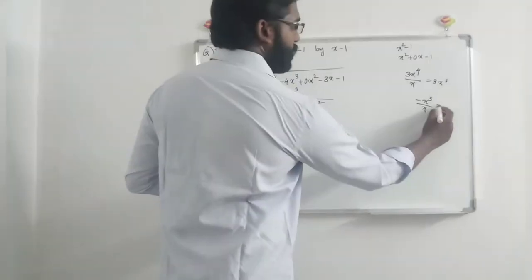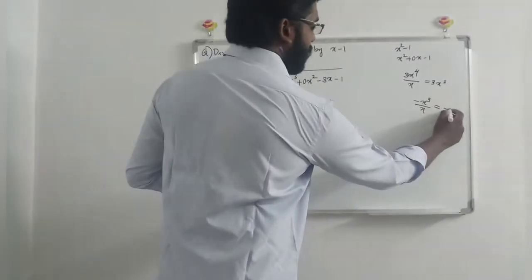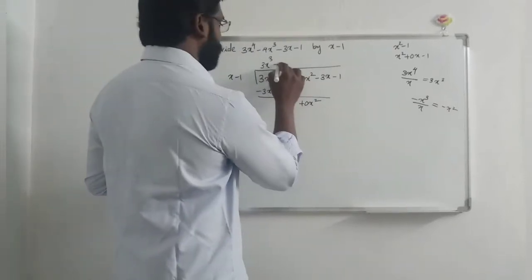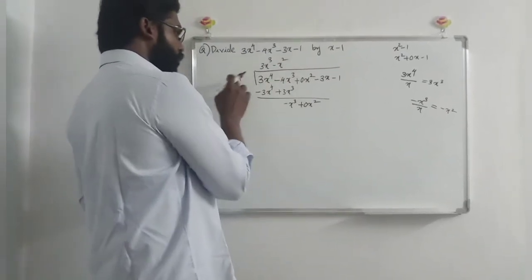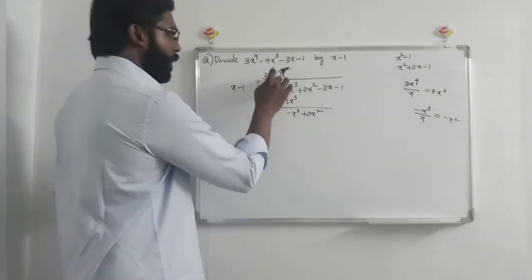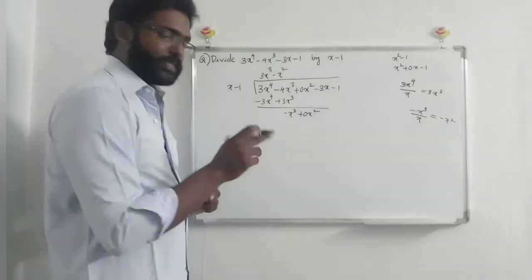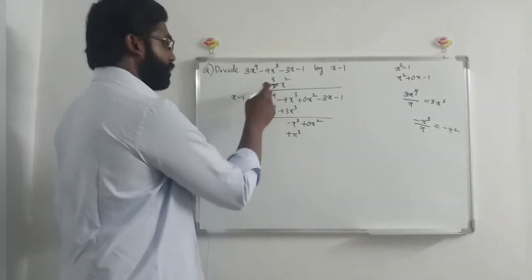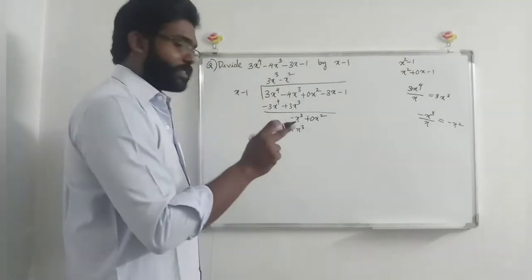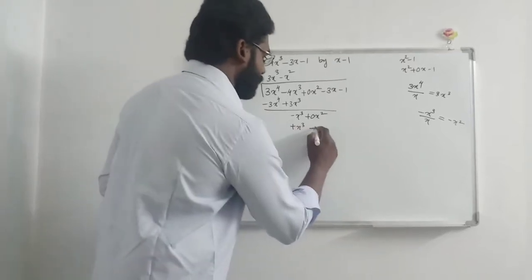The x and x are cancelled, minus x squared. Next multiply minus x squared into x minus 1. Minus x squared into x is minus x cubed, but we write plus x cubed. Minus x squared into minus 1 is plus x squared, but we write minus x squared.